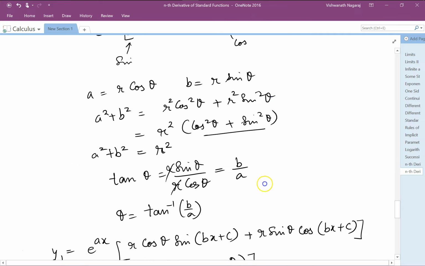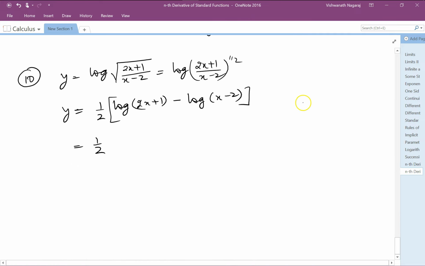Okay, let's write out that log ax plus b. Now yn is equal to minus 1 to the power of n minus 1, n minus 1 factorial, a to the power of n divided by ax plus b to the power of n.